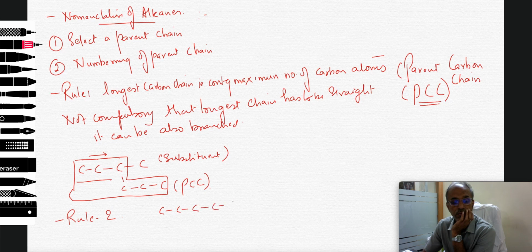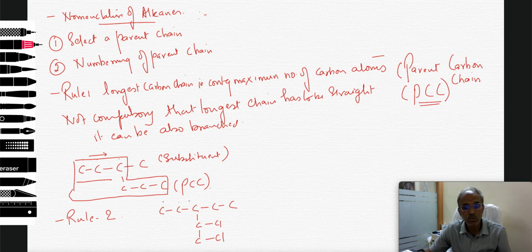Just take for example chlorine, and this is chlorine. Now here if I go 1, 2, 3, 4, 5 straight, or if I go here down, it will be 5. But I will prefer going down, because here this has another two substituents.